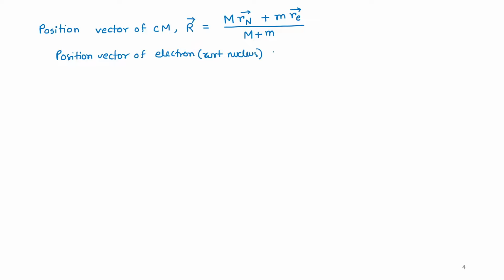this is not a free electron. This is with respect to the nucleus, and it will be small r, that is equal to what we have already defined, Re minus Rn.